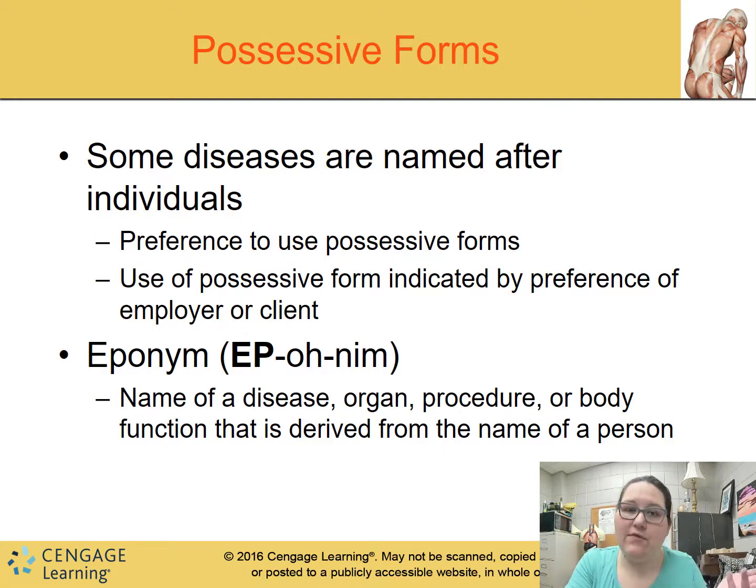Maybe they found something different. So there are a lot of different eponyms. I know sometimes you'll hear Lou Gehrig's disease is the eponym of amyotrophic lateral sclerosis, or ALS. So you're going to have different things that we'll come across, and we can note if they're an eponym or not.